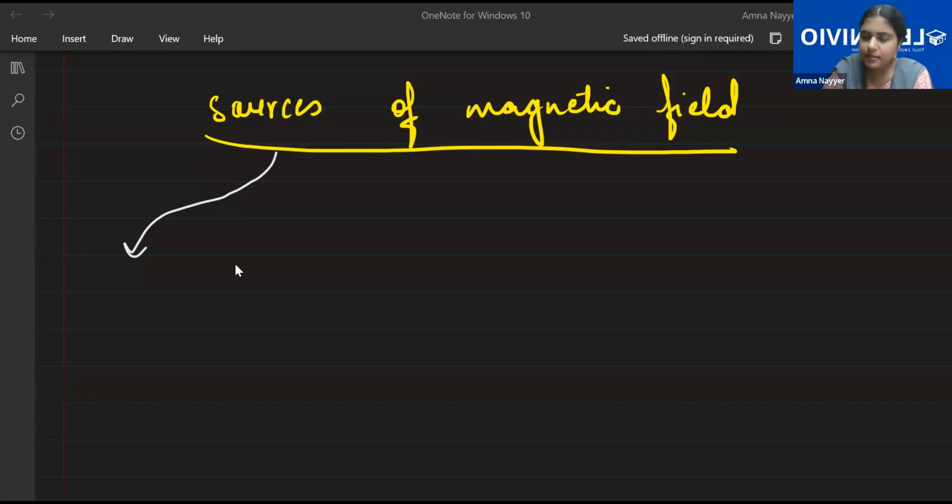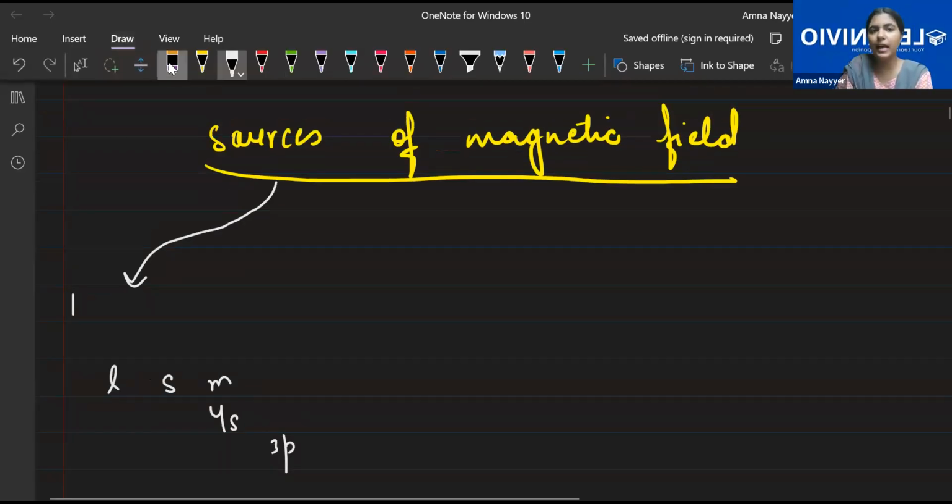In class 11th, you must have studied the atomic structure. There, you must have taken out the values of L, values of S, like this. Remember, there was a spin, intrinsic electronic spin. M was there. Values are taken out from the shell, like 4s is given, 3p is given. How do you calculate?